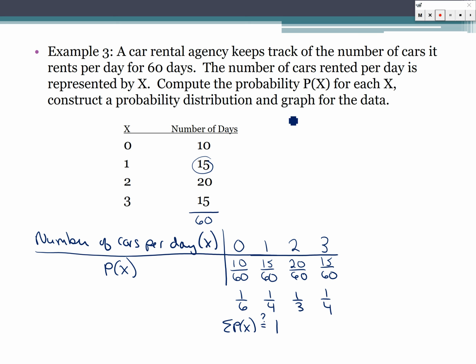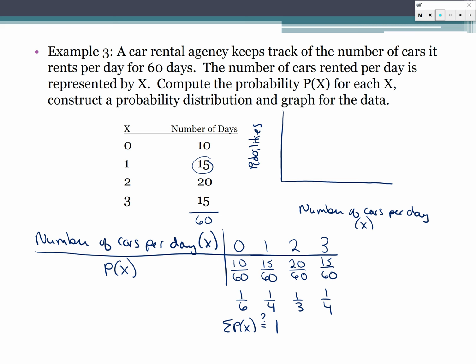To make the graph, drawing our axes. Number of cars per day is our X. Those are our X values. And then our probabilities are our Y values.